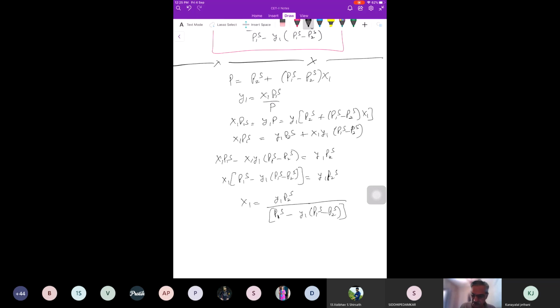So find out x1 down at this pressure. What is the value of x1?